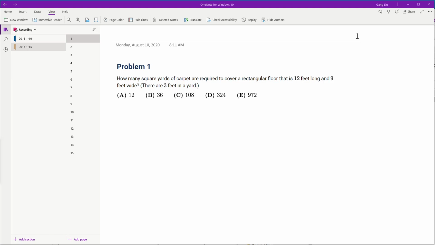2015 Problem 1. How many square yards of carpet are required to cover a rectangular floor that is 12 feet long and 9 feet wide? There are 3 feet in a yard. By drawing the rectangle, this is 9 feet and this is 12 feet.